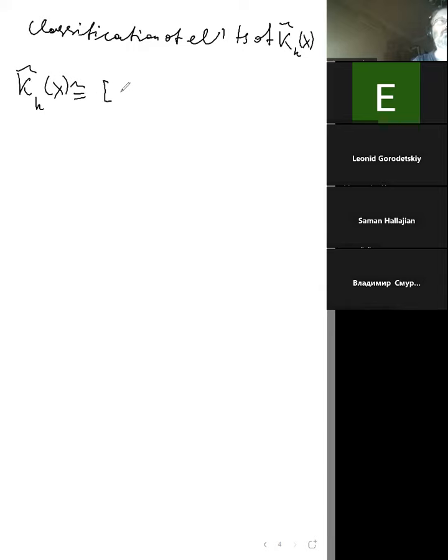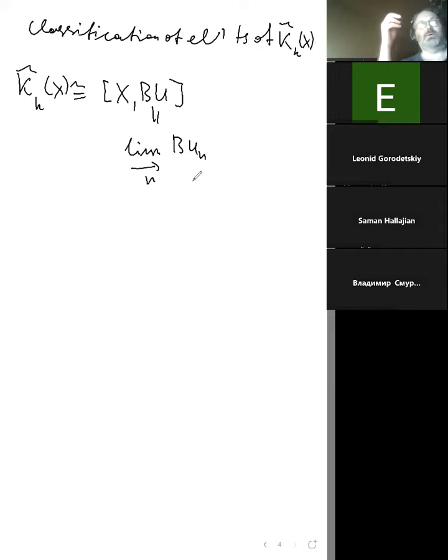To the set of homotopy classes of maps from X to BU. What is BU? It's the direct limit of BU(n). Now, does this make any sense?